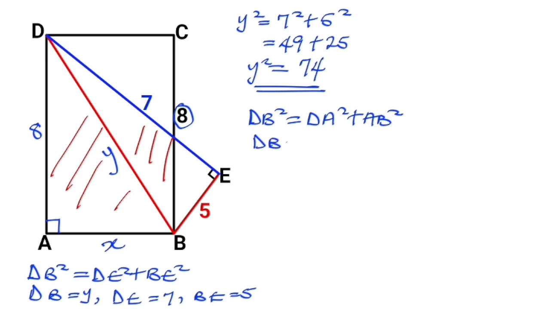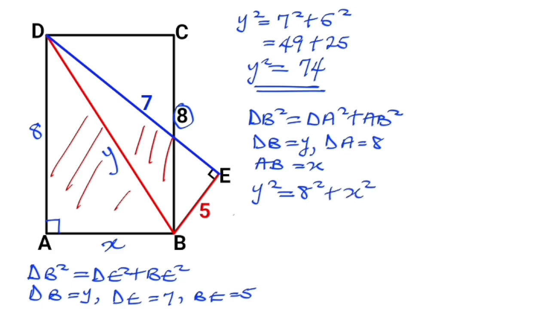DB is Y. DA is 8. And AB is X. Substituting the known values will give us Y squared is equal to 8 squared plus X squared. Since we already calculated Y squared as 74, and calculating 8 squared gives us 64.